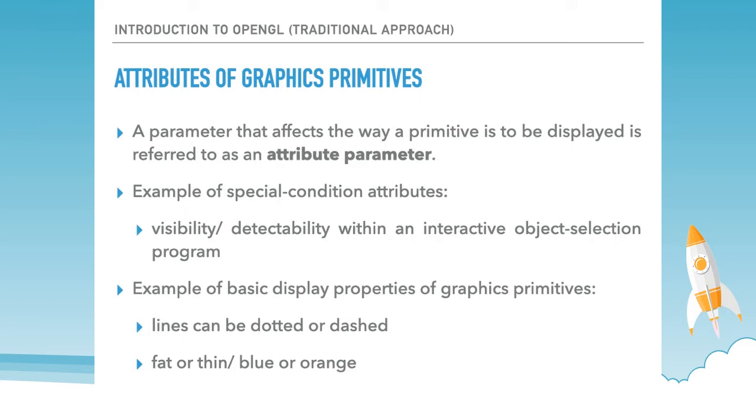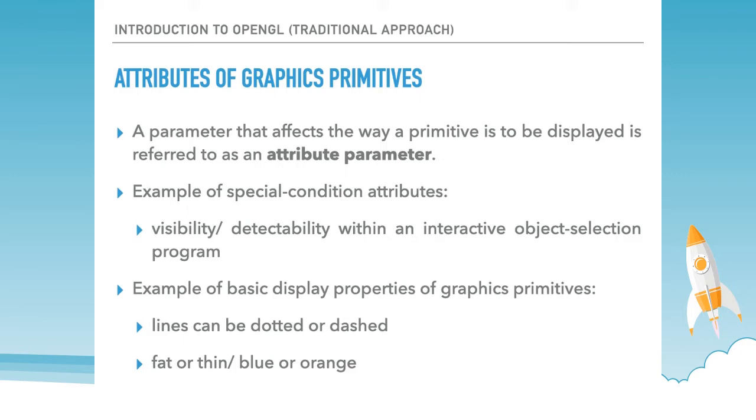Examples of special condition attributes are options such as visibility or detectability within an interactive object selection program. Here, we treat only those attributes that control the basic display properties of graphics primitives without regard for special situations.